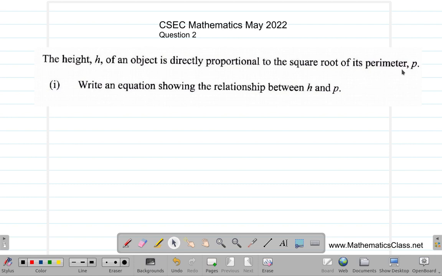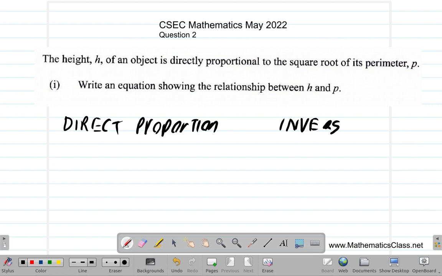Let's first of all remind ourselves of something. Direct proportion as opposed to inverse proportion.